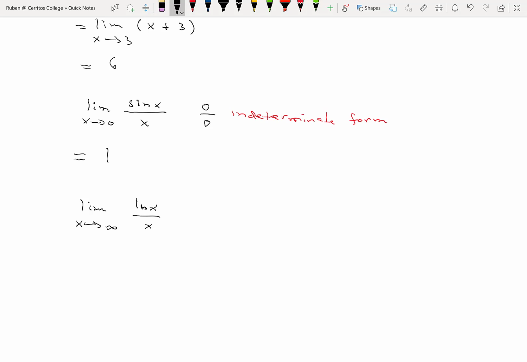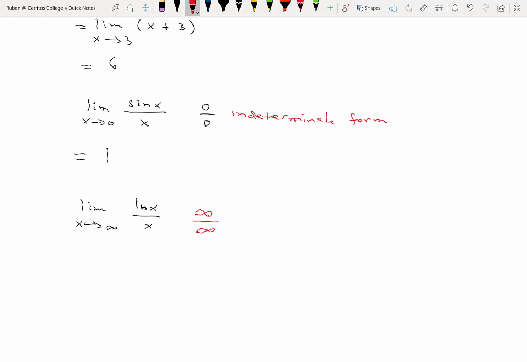Now, imagine letting x approach infinity and see if we can evaluate this limit right off. As x approaches infinity, the logarithm, remember, goes to infinity very, very slowly. And as x approaches infinity, x approaches infinity. So this is of the form infinity over infinity.